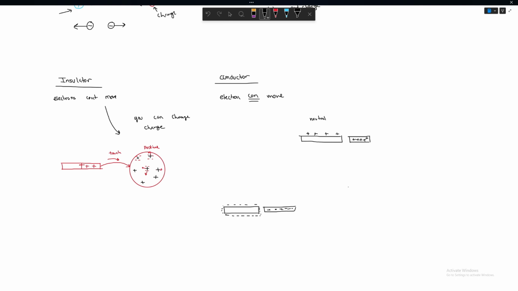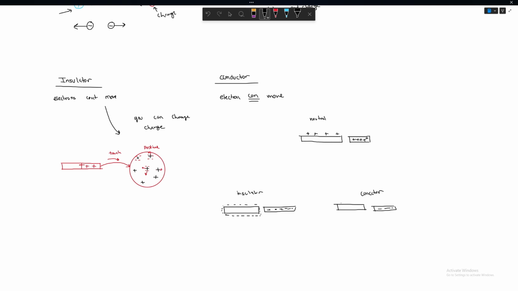Okay, now in a conductor, so this is an insulator. Now in a conductor, when I tap it with a negative, it will just redistribute the charges around because they can move. They'll run around and see where they're all comfortable, where the forces are evened all out.